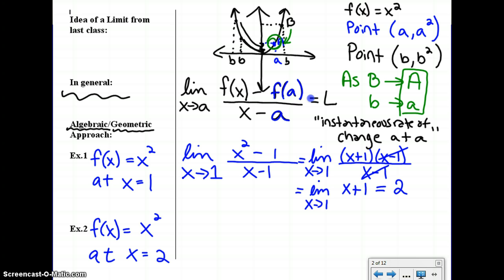When you're working on this, you should wind up getting 4 as your answer. So the limit as x approaches 2 of x squared, my f of x, minus, if I take 2 and plug it in, I will have 4, divided by x minus 2.